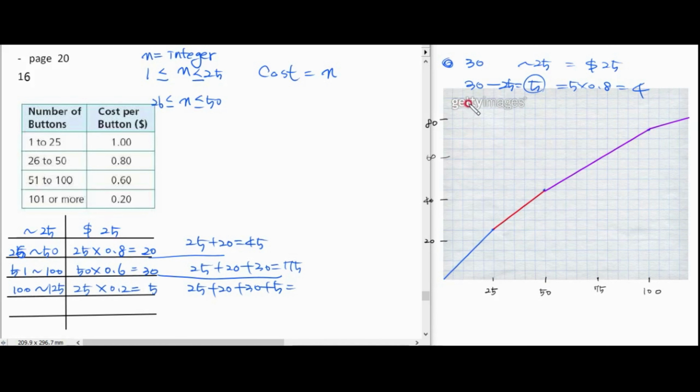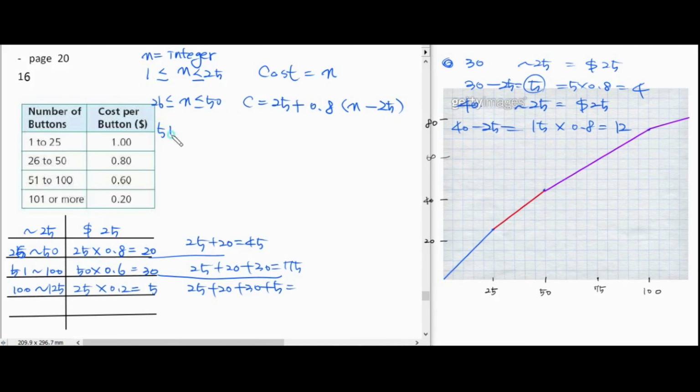Now let's do it for 40. Then it's $25 until 25. Subtracting 25 from 40, it'll be 15. And 15 multiplied by 0.8 equals $12. So think about that, let's write it down. Cost equals 25, which is the base price and constant, plus 0.8. No matter how much you bought, it'll be n minus 25 multiplied by 0.8.